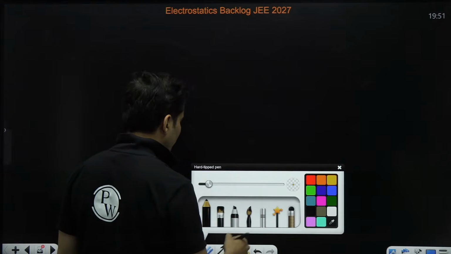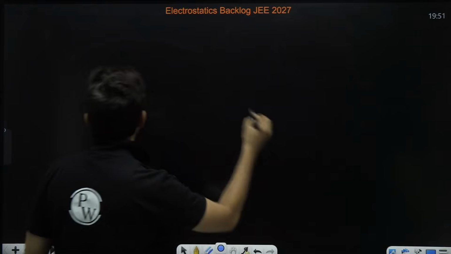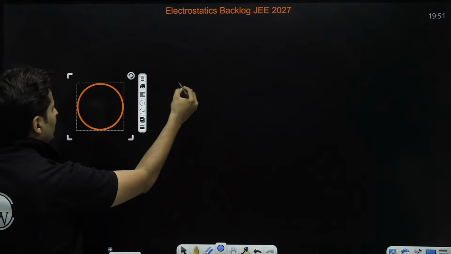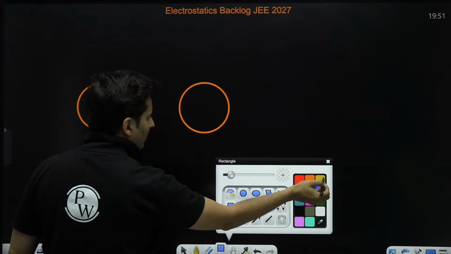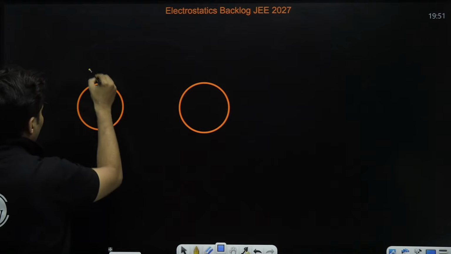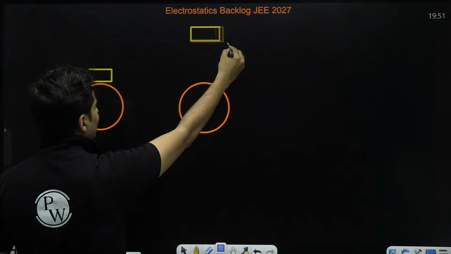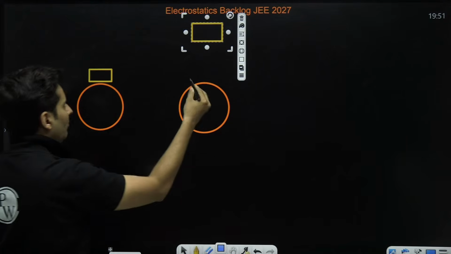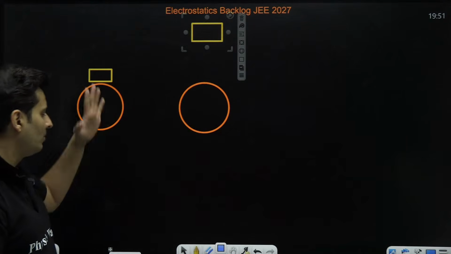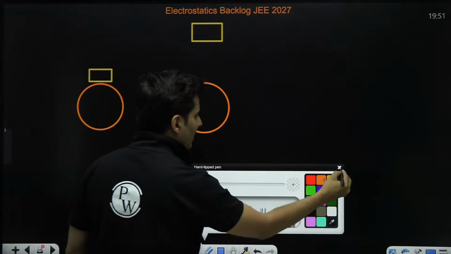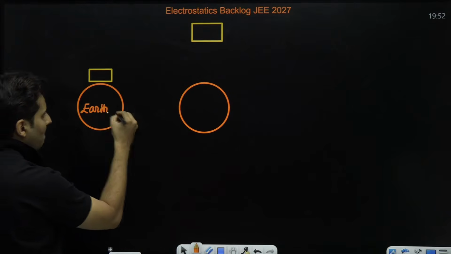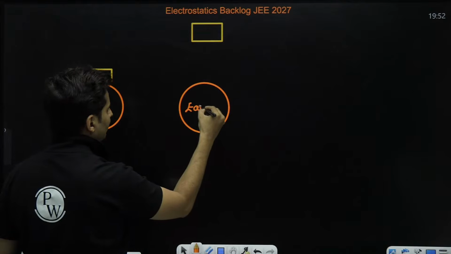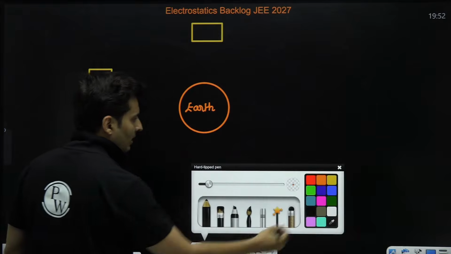Say this is our earth, and then this is our block. I know it is highly exaggerated, a block can't be so big compared to the size of the earth, but just for explanation's sake. So this is your earth, this is your block.